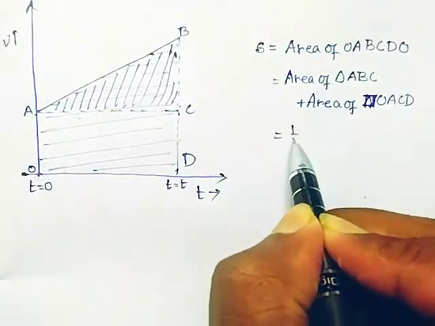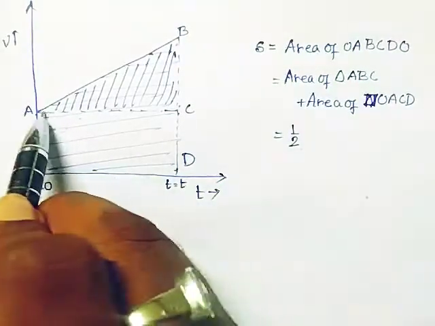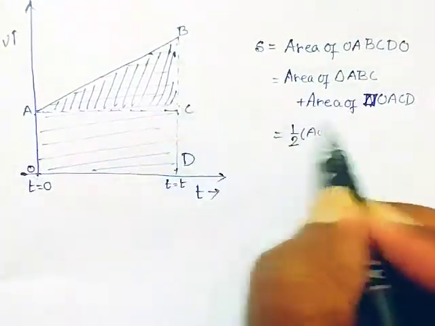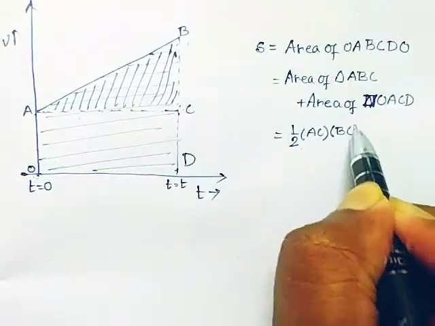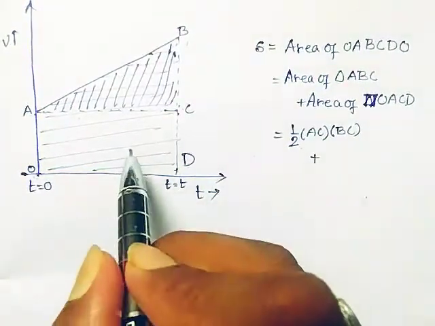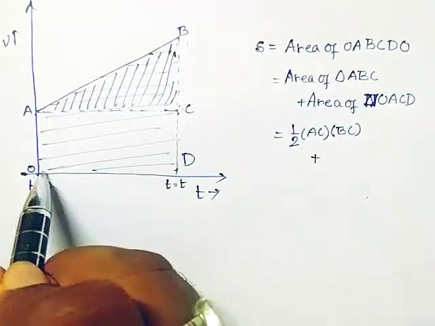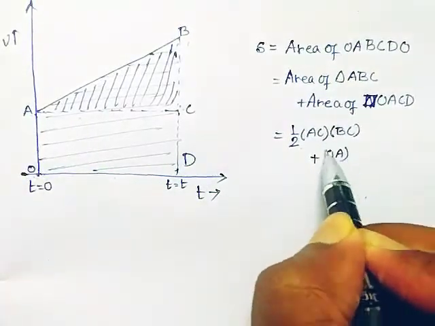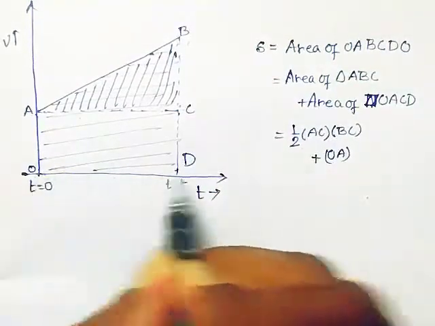It will be 1 by 2, AC is the base, BC is the perpendicular of it, plus the area of OACD, so it will be OA into OD.